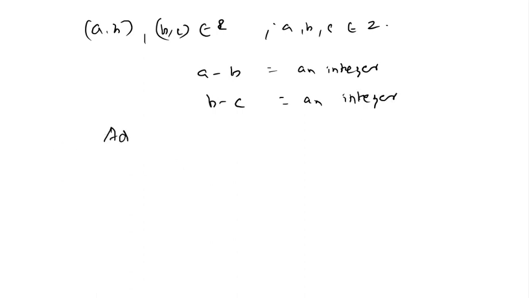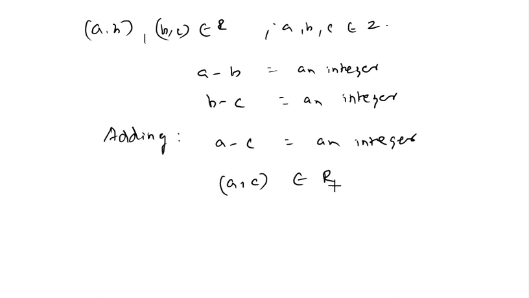By adding these two, we get a minus c, the sum of two integers, again an integer. So a minus c is an integer, and then a can be a pre-image of c. So a comma c is also part of the relation. This is true for every pair a comma b, b comma c. Now what is the conclusion? The relation R is transitive.